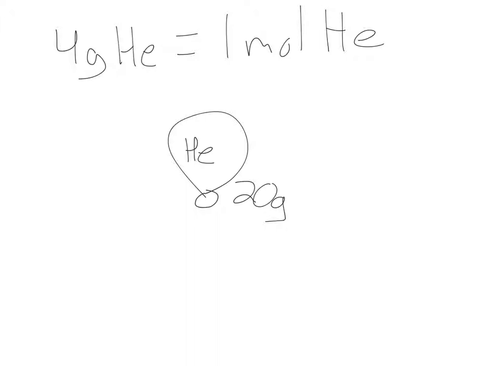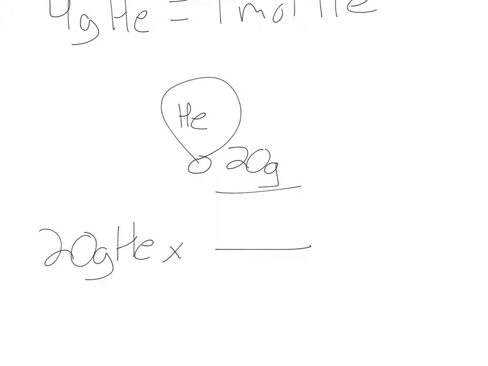We can do that. 20 is what I measured. I measured that I had put 20 grams of helium into the balloon. And when I do converting, I start with the measurement, and then I multiply by a fraction. Now what I want to get rid of, I want to get rid of grams. Grams of helium specifically, that's what I started with. So I'm going to put that unit on the bottom, grams of helium. I asked myself how many moles that was, so that's the unit I want.